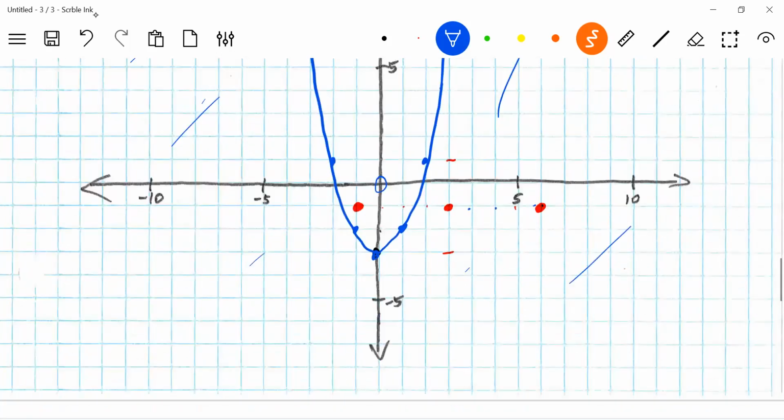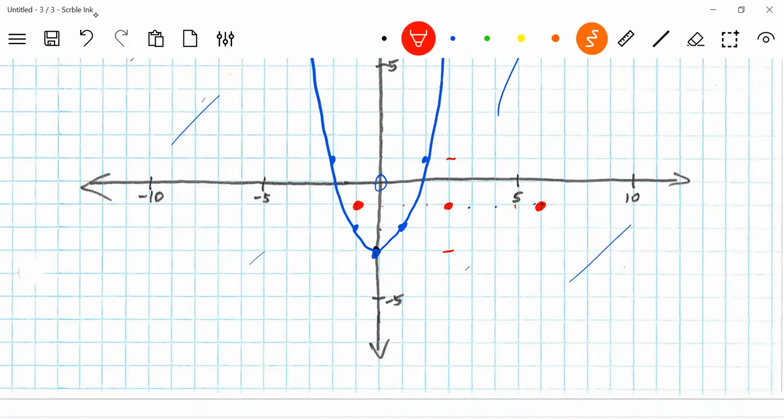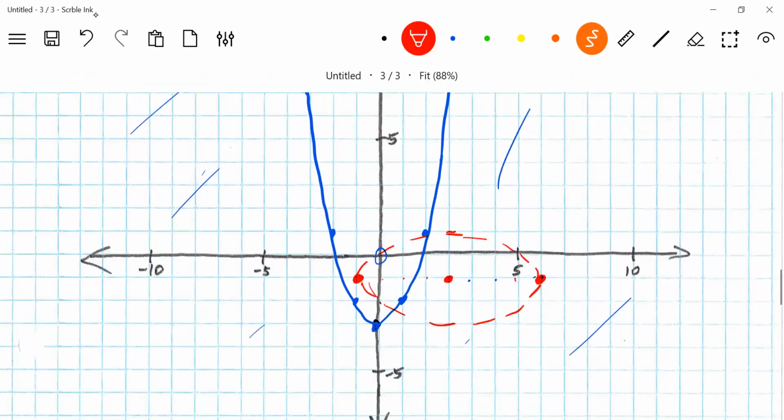So let's dash that. Okay. Reasonably close to do that. Okay. Reasonably close to an ellipse, like it should be.